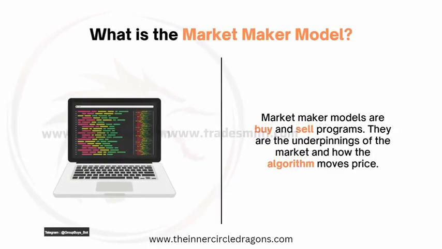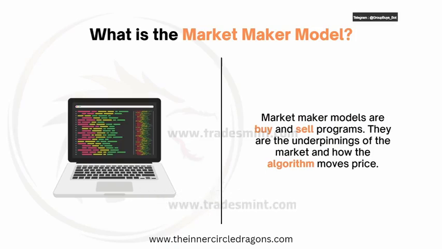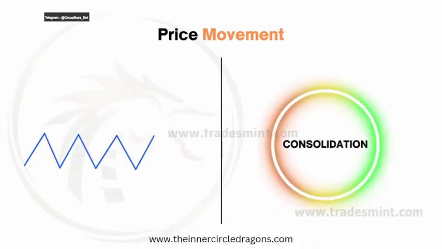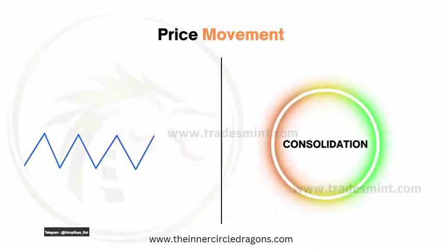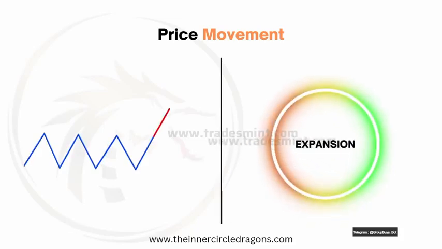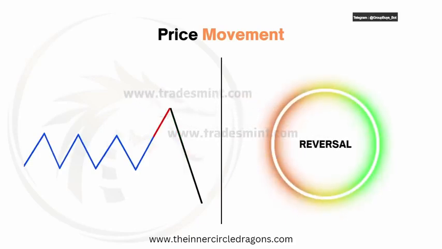Well, the market maker models are a series of buy and sell programs. They are essentially the underpinnings of the market and how the algorithm moves price. The algorithm is limited in how it can move, right? So essentially, we can only do one of four things. We can have consolidation, we can have expansion, we can have a retracement, and we can have a reversal.